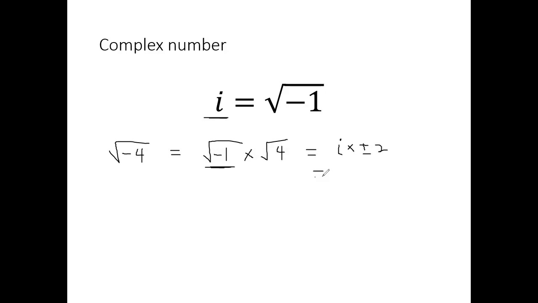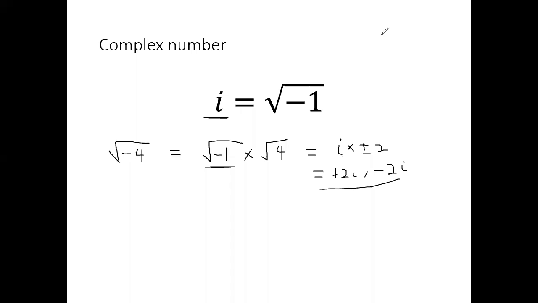So this gives us plus 2i and minus 2i. These are the answers for this particular expansion.